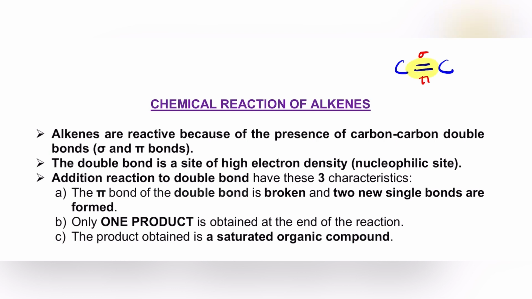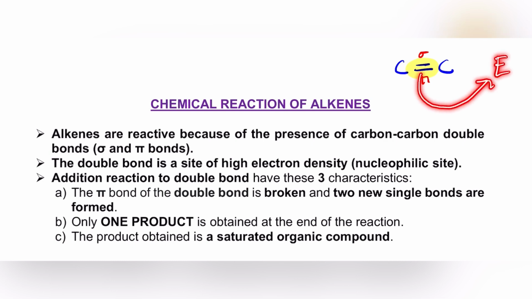Jadi double bond akan sentiasa jadi nucleophilic site. So double bond ini kerana dia banyak elektron, dia akan menyerang electrophile. So apabila reaction untuk alkene akan menyerang electrophile, di mana serangan itu akan bermula daripada double bond kepada electrophile.